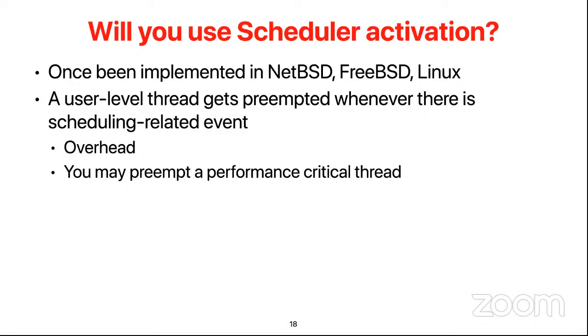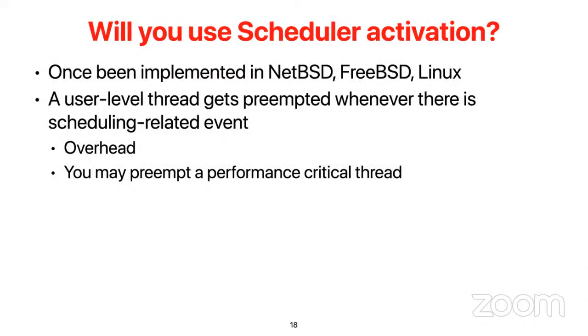So potentially we may still preempt, or stop, a virtual processor while it's running. And what if the virtual processor that we are stopping right now controls the critical progress for a user level thread? That's the potential issue that scheduler activation still cannot resolve, because the kernel has no idea about what the thread is doing and the relationship among the threads.